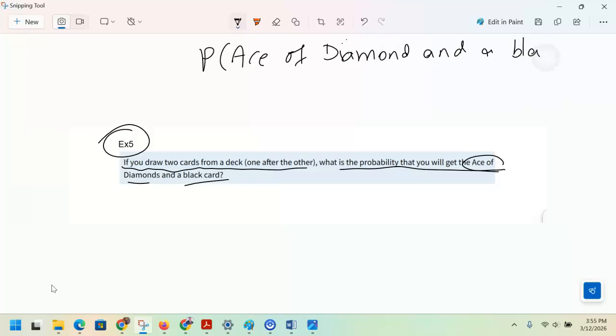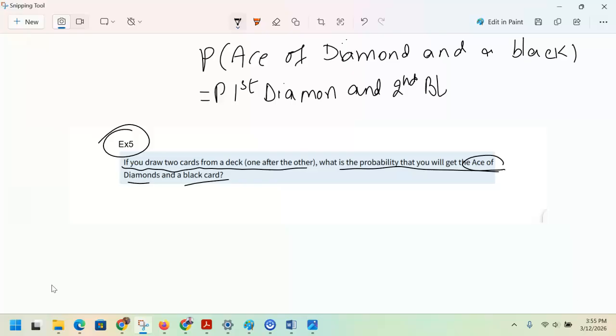Now you have two options here. This could be that the first is the ace of diamond and the second is a black card, or, so I'm going to write plus, because you have two options, case one and case two.